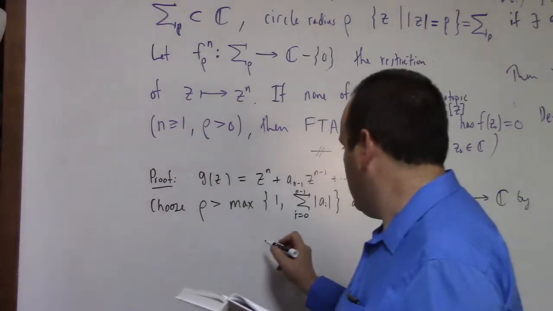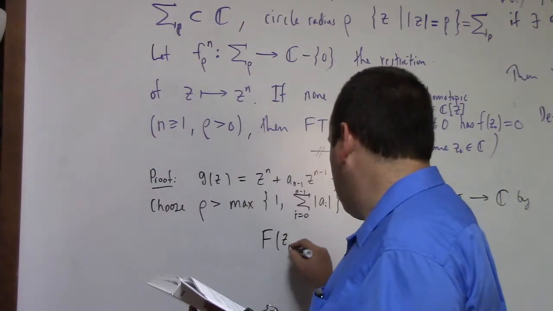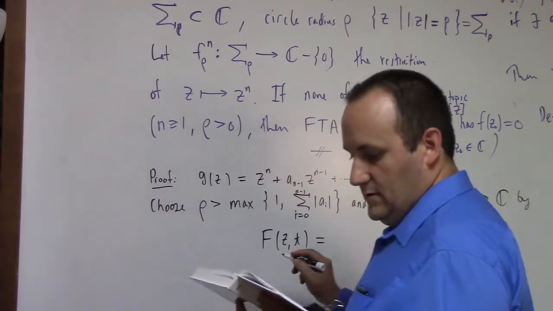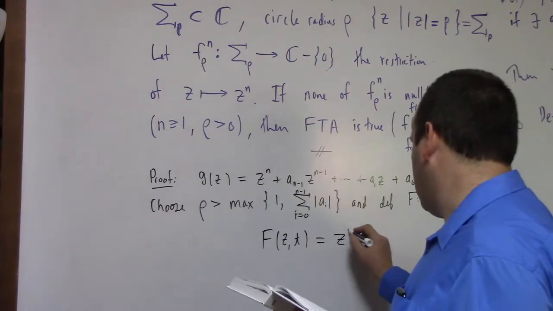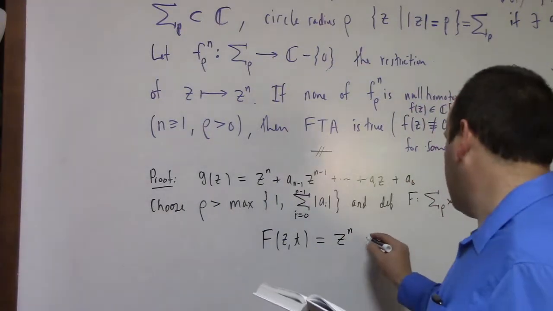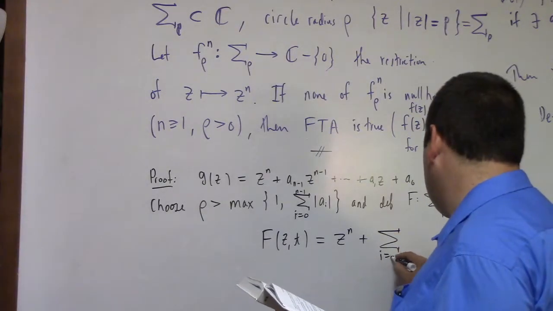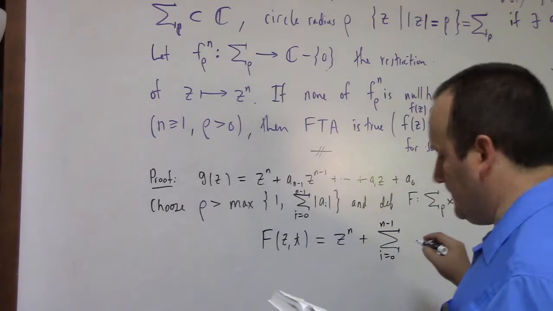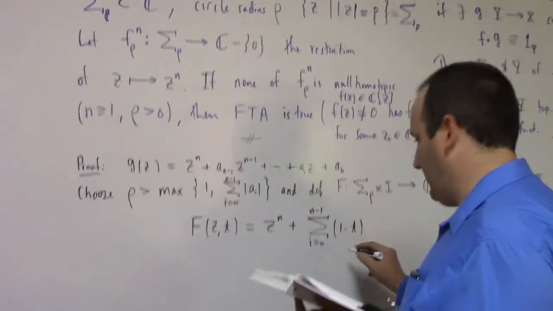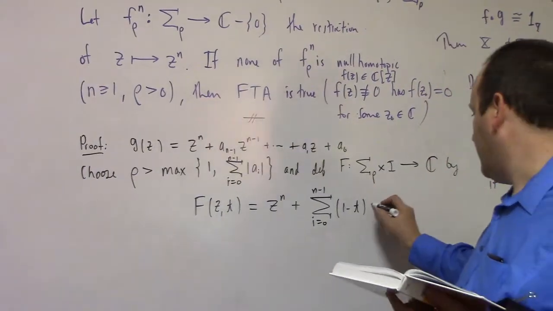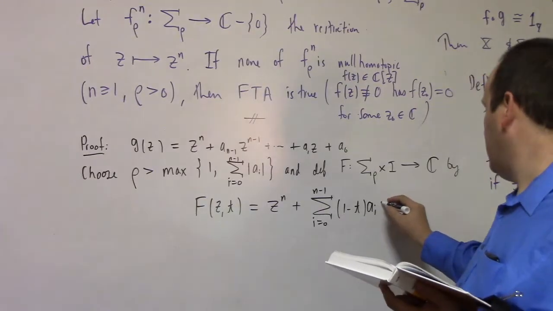So he says do f of z comma t equal to z to the n plus the sum, i equals 0 to n minus 1, of 1 minus t, a sub i, z to the i.